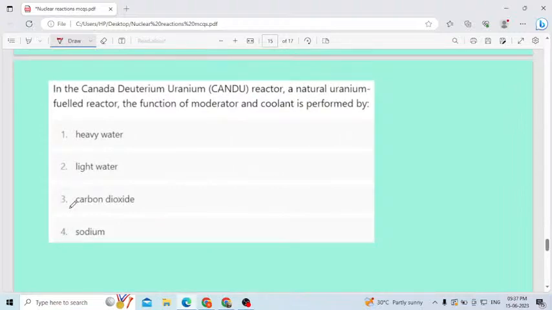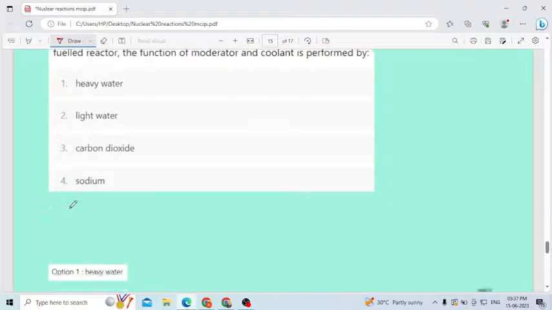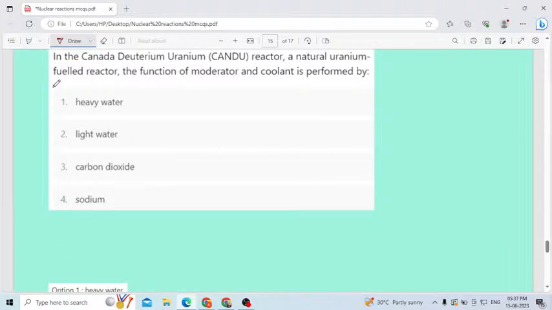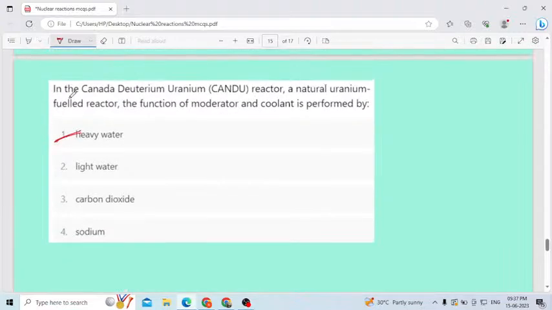Next question. In the Canada deuterium-uranium reactor, a natural uranium fueled reactor, the function of moderator and coolant is performed by, first one heavy water, second one light water, third one carbon dioxide, fourth one sodium. The correct answer for this question is heavy water.